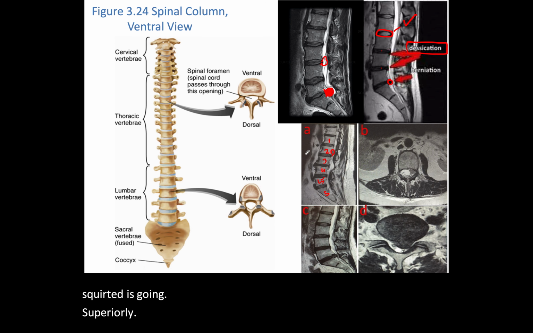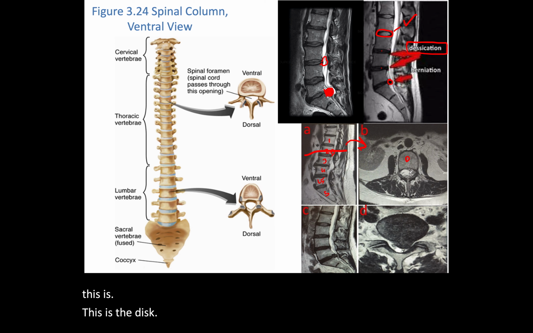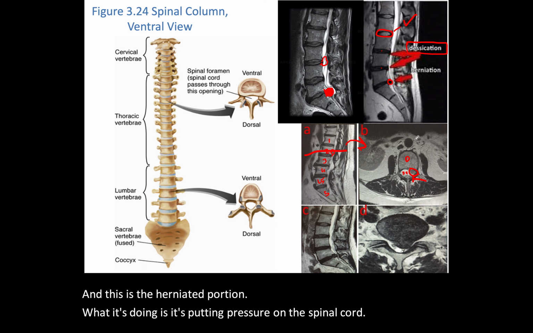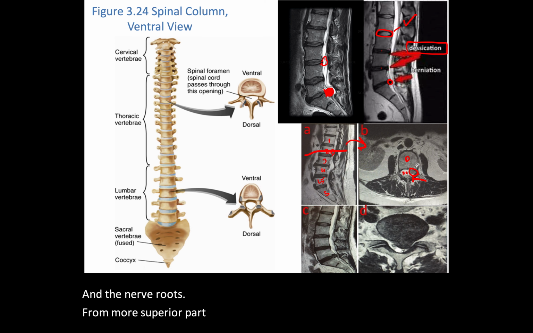If we look at a cross section, so a slice right through here, that's what this is. This is the disc. This is the spinal cord. And this is the herniated portion. What it's doing is it's putting pressure on the spinal cord and the nerve roots from more superior parts of the spinal cord. They all come down, right? They're all coming down.